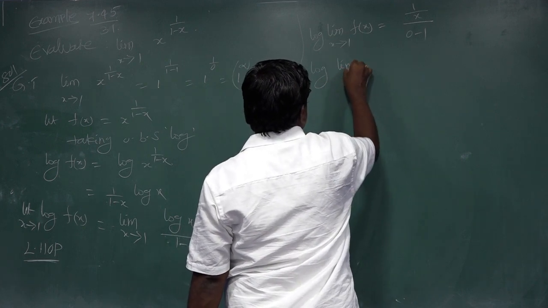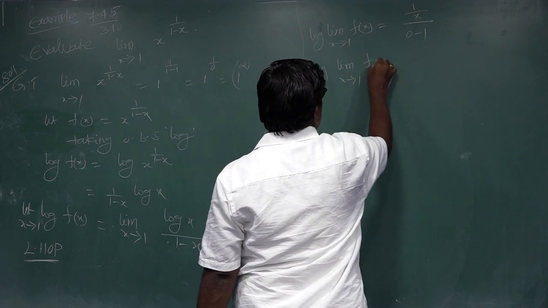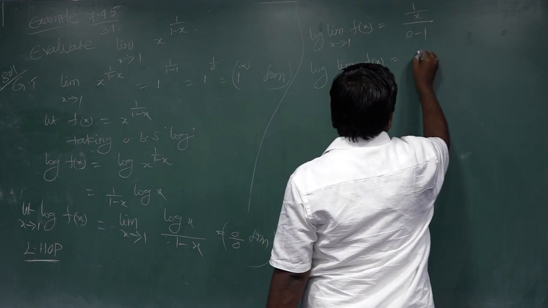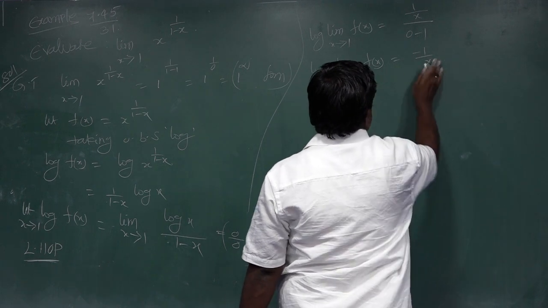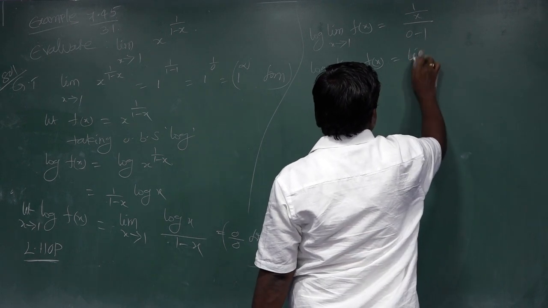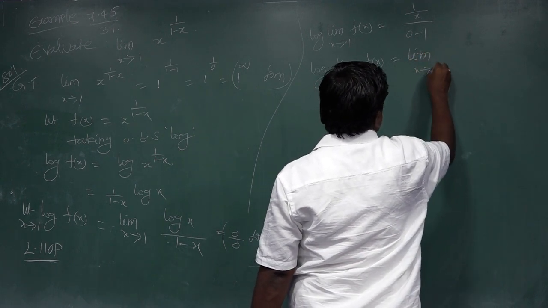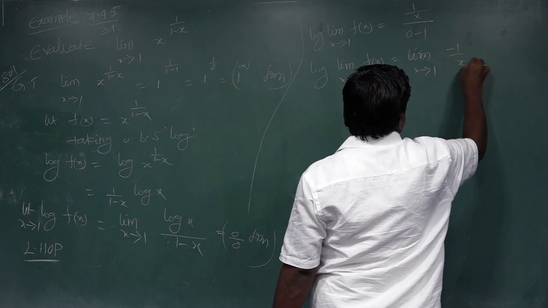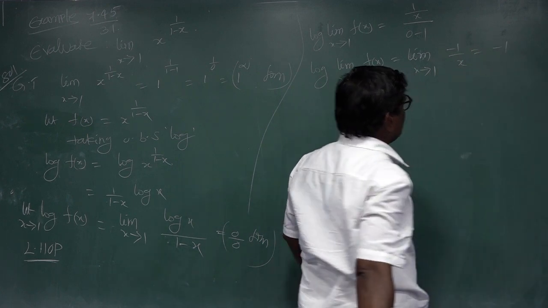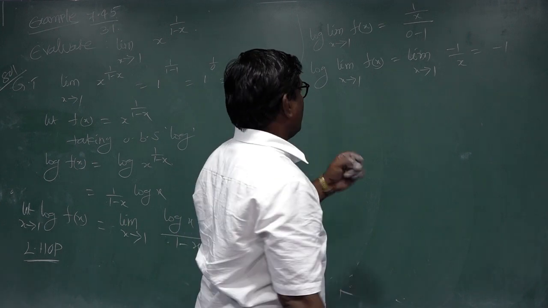So log of the limit x tends to 1 of f of x equals the limit of minus 1 by x, which is minus 1 by 1, equal to minus 1.